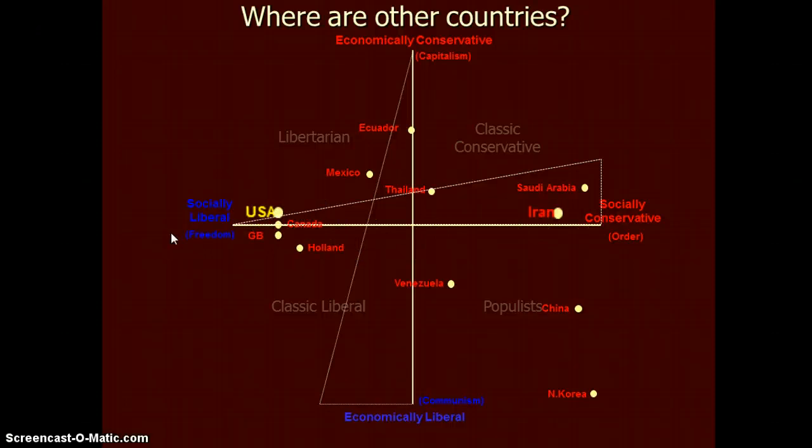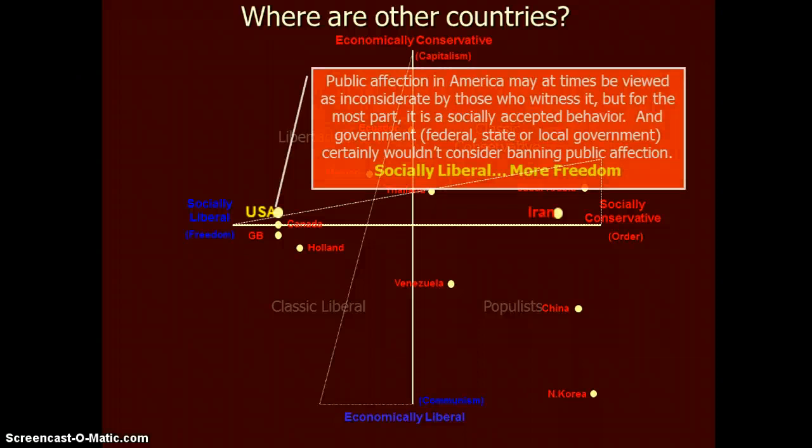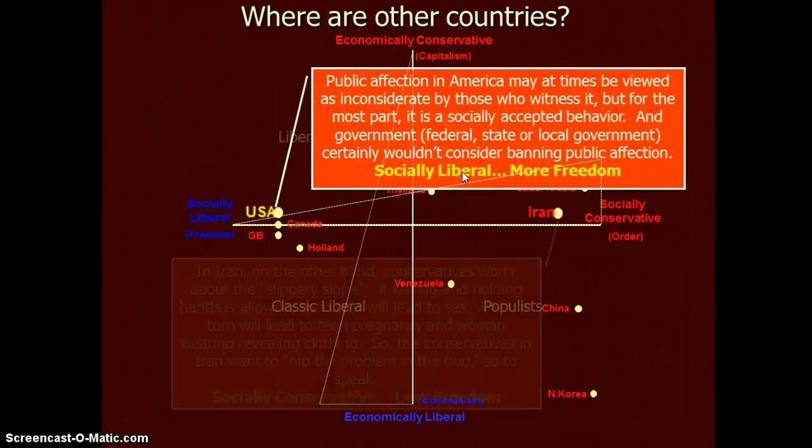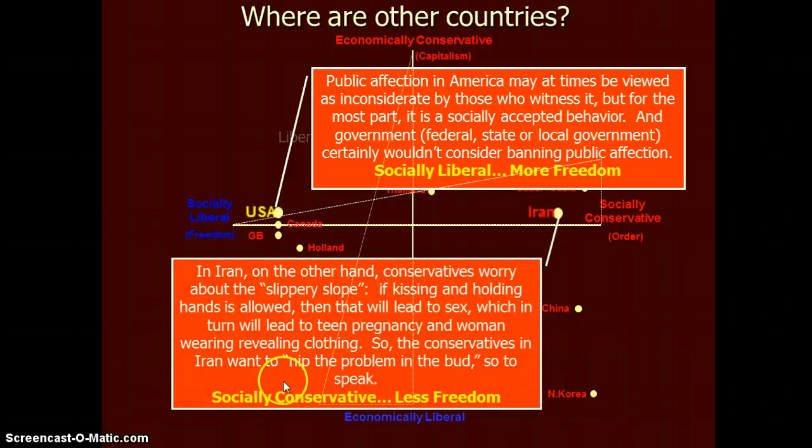In Minnesota, we're voting on an amendment in November on whether to restrict marriage between a man and a woman. So basically we're very socially liberal in terms of gay marriage. In Iran, they're talking about whether or not it's okay for people to hold hands and kiss in public. So two totally different concepts about what is appropriate in terms of social freedom. We're talking about gay marriage.